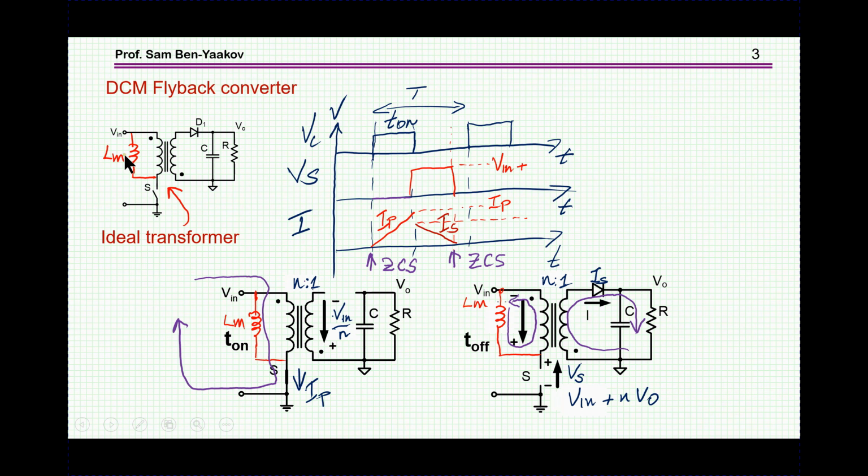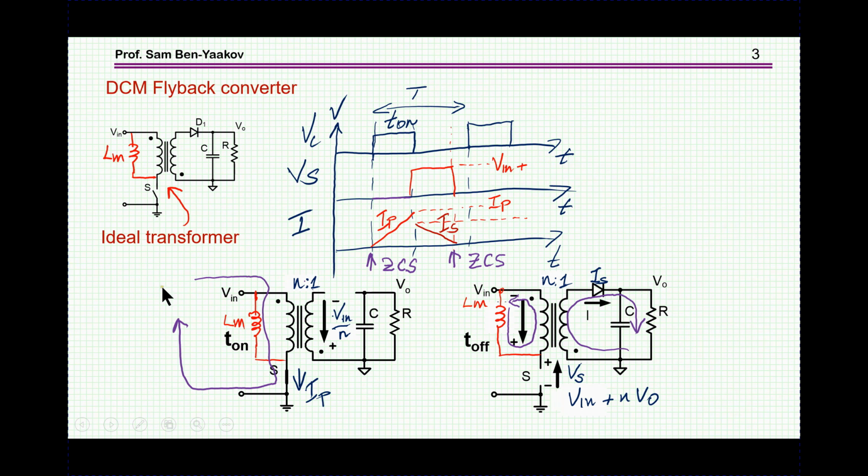That is, all the power coming in at a given instant is going out, save some magnetization current, which I'm not considering here. So this is an ideal transformer, which, by the way, has ideally an infinite inductance. This is the inductance representing the inductance of this coupled inductor.